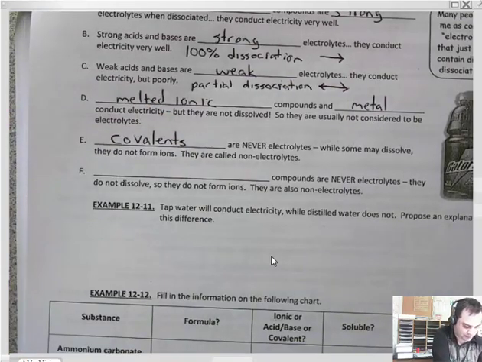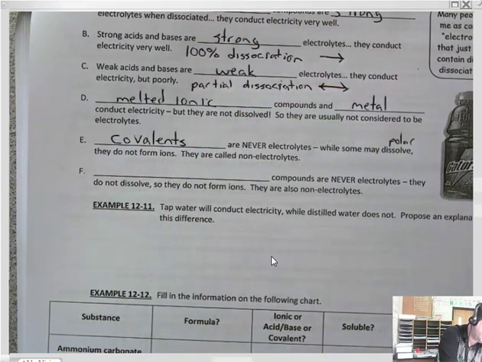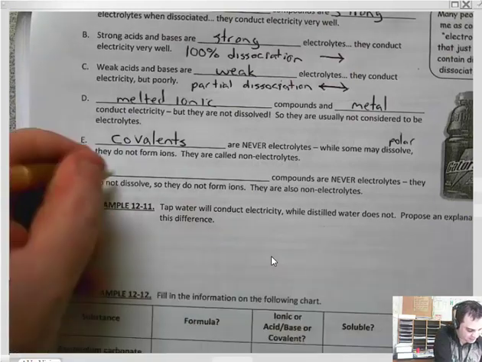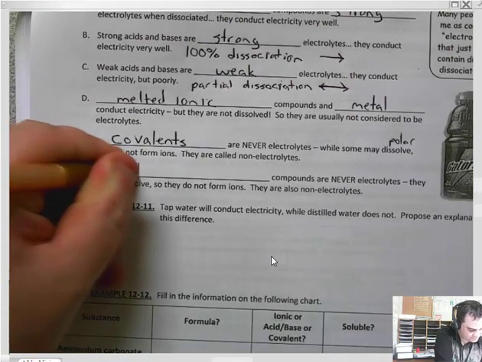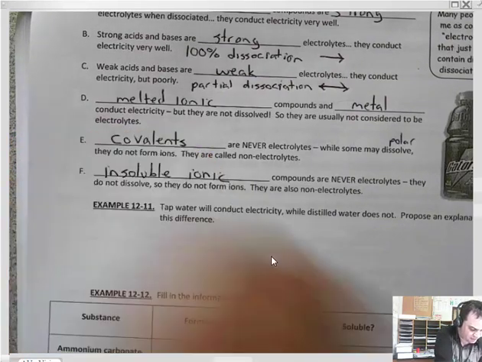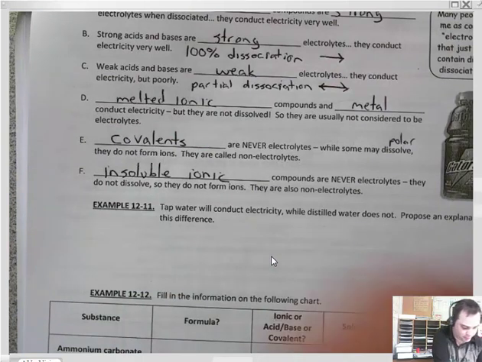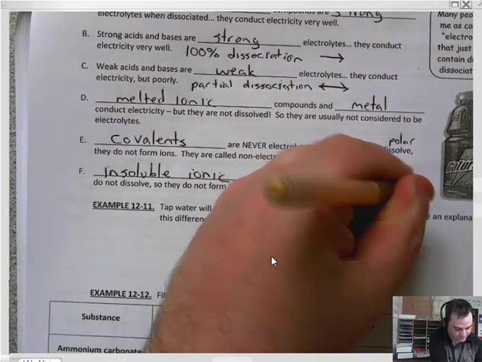Some may dissolve, remember the polar ones dissolve, but they don't form ions. Insoluble ionic compounds never conduct electricity. They don't dissolve, and they do not form ions because there is no movement of ions.